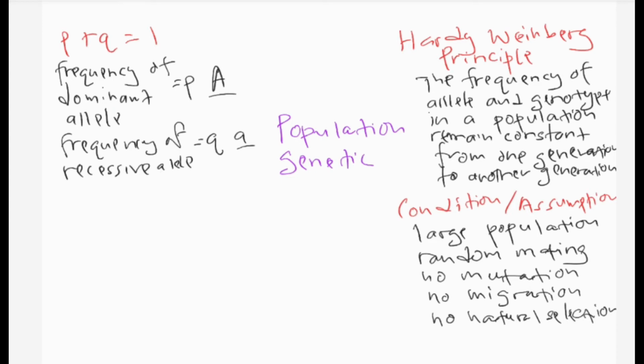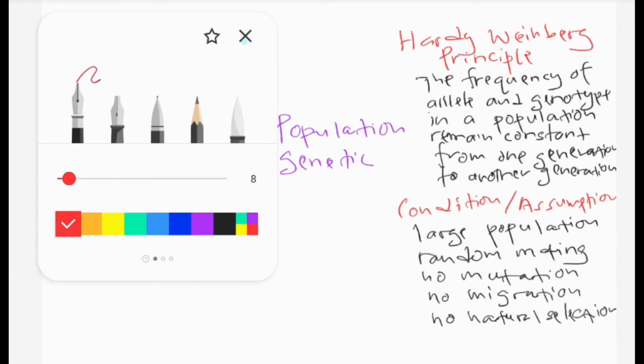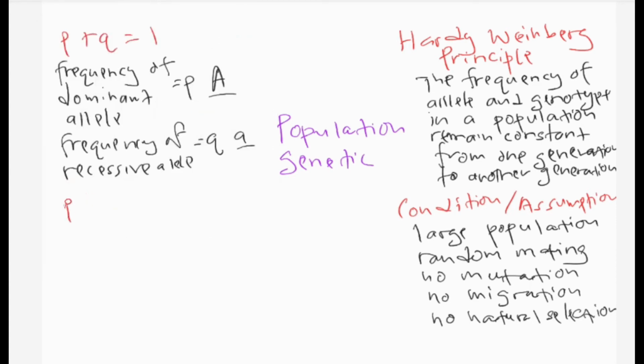Now the second equation is p² + 2pq + q² = 1. The first one, p + q, refers to the frequency of allele. This one refers to the frequency of genotype.